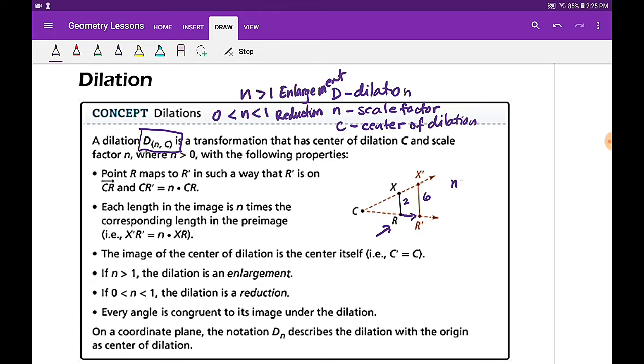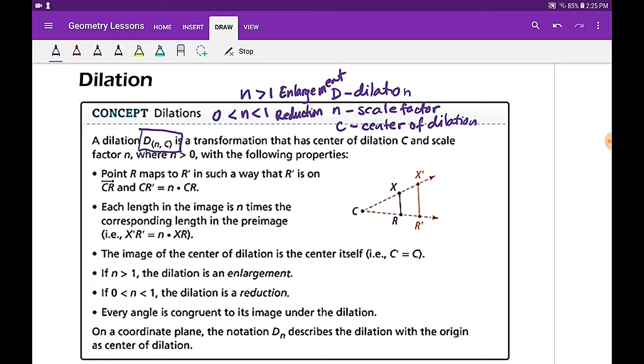You know that n, the scale factor, is equal to what? 2 times what equals 6 is equal to 3. So that's what it's meaning. The length of the image of a line segment is equal to n times the length of its pre-image. So now let's erase that because I don't want to confuse you later on.